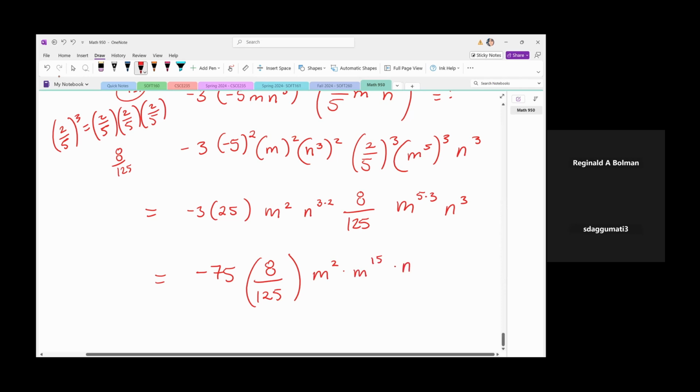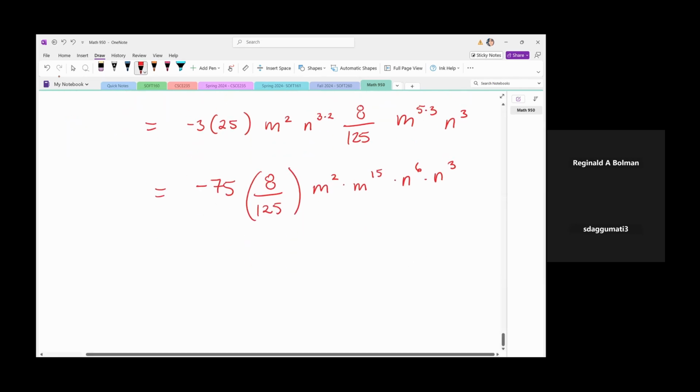N to the 3 times 2 is n to the 6th. So I've got some m and n terms that can also be simplified. Now, looking at 75 and 25, note that 25 can go into 75 3 times. 25 can go into 125 5 times. So this is the same thing as -3/5, all multiplied by 8.